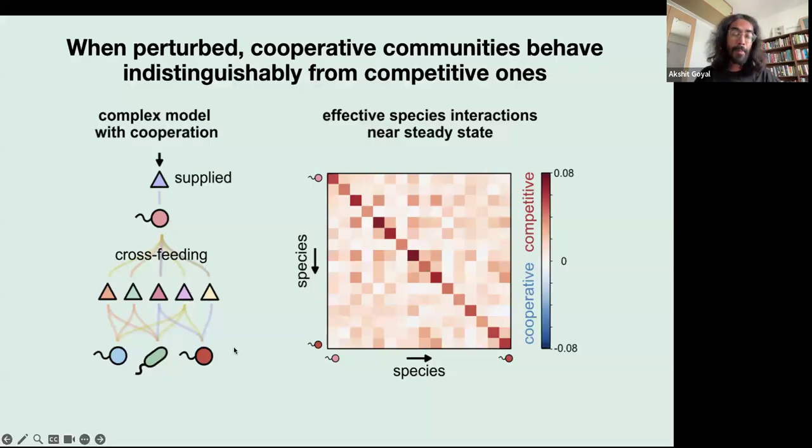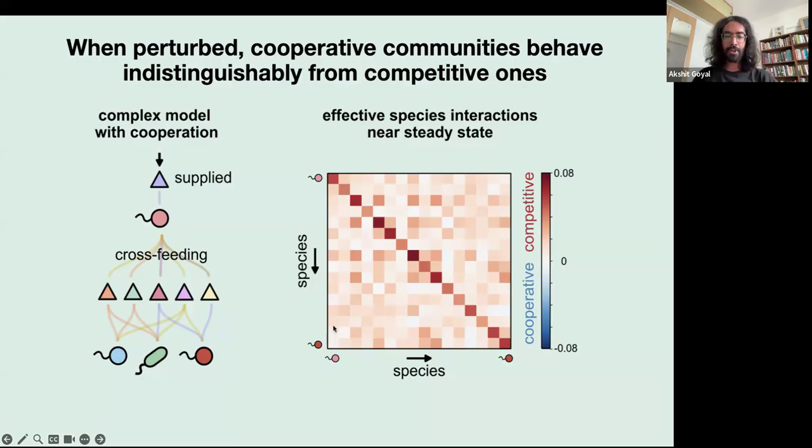And for any one of those communities, perturb them around steady state by perturbing the supply of this nutrient and measure an effective species-species interaction matrix. Remember, this was one of the susceptibilities that we cared about. And so this is actually one of the quantities that we can predict. And so I plotted that here, like one of the effective species interaction matrices for one of these examples.